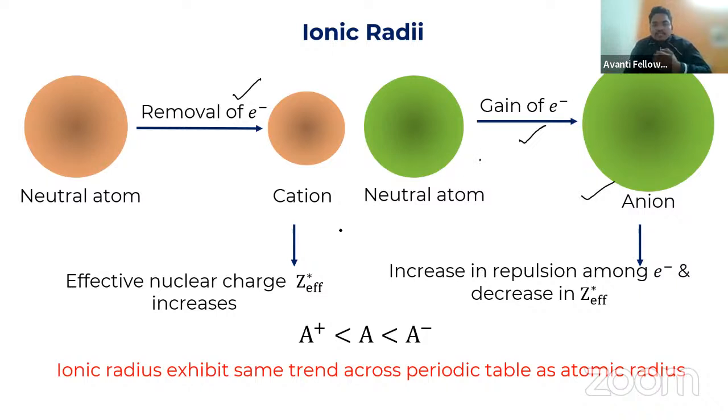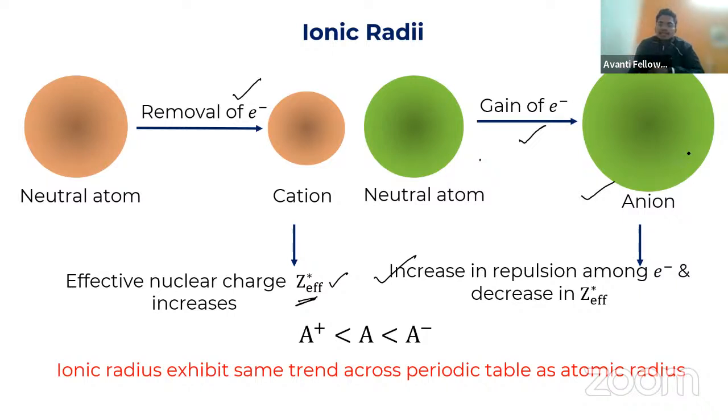The size decreases when the electron is removed, because the number of shells decreases, and the effective nuclear charge increases, because as the size decreases, the electron is nearer to the nucleus and is pulled towards the nucleus more strongly. So effective nuclear charge on that particular electron increases. Simultaneously, repulsions increase.